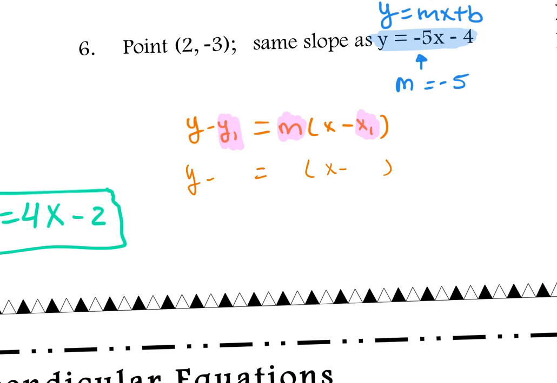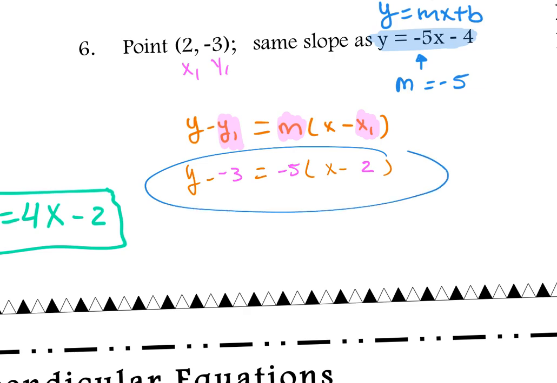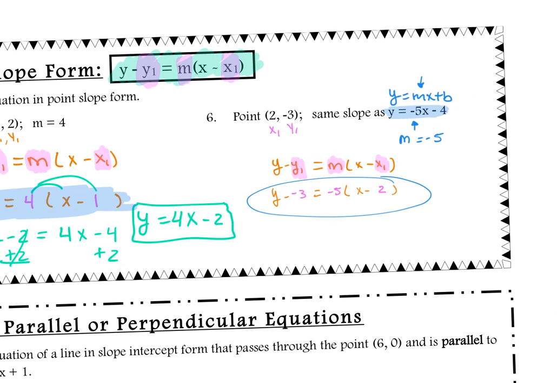And then I'll start plugging in. I know that my y1 is going to be negative 3. And I know that my m is negative 5. My x1 is going to be a 2. And then right there, y'all, that is my final answer. I can go ahead and leave my answer like that because it wants it in point-slope form.